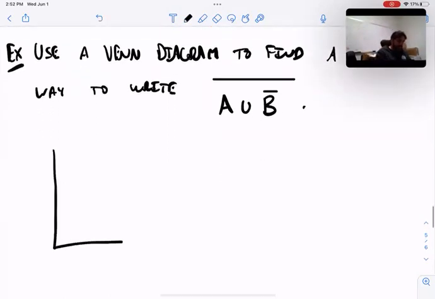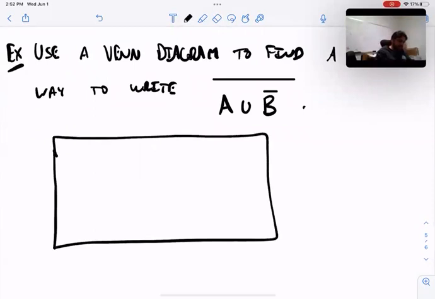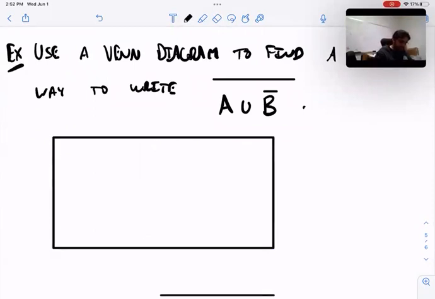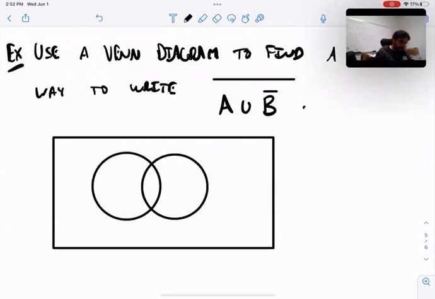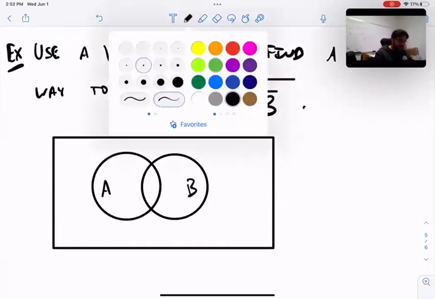Well, I could take my Venn diagram and say, okay, what do I want to do? I want to take together the set B complement. So here's A and B. So B complement, what's in B complement?